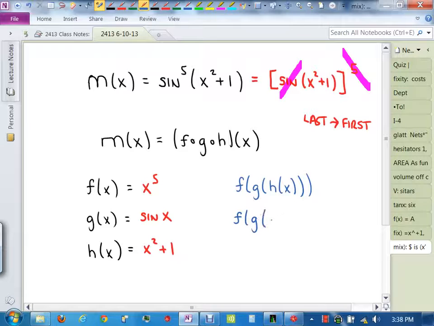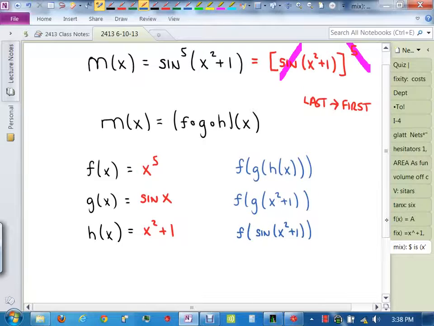I'm just checking right now. h of x is x squared plus 1. Take x squared plus 1 and plug it into g. What would you get? Sine of x squared plus 1. And now take that and plug that into f. Sine of that all raised to the 5th, right? So I just put the 5 there. So that checks.